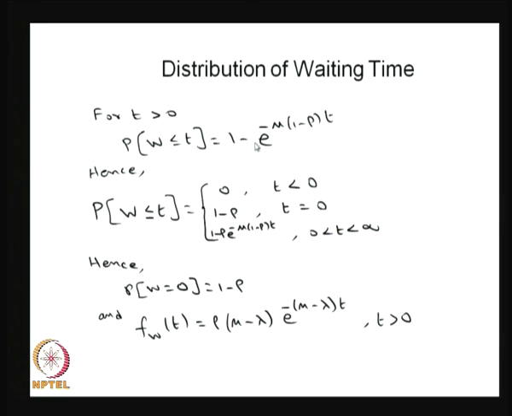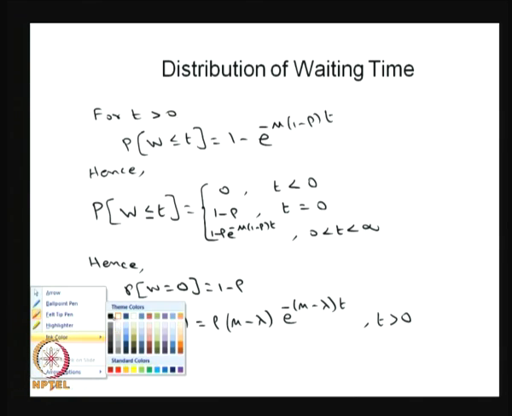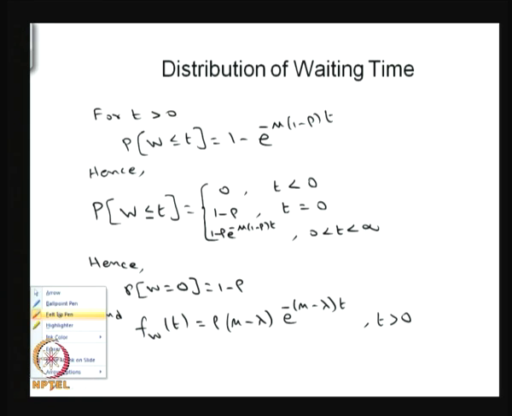So, 1 minus rho times 1 minus rho times... So, 1 minus rho times e power minus mu times 1 minus rho times t.